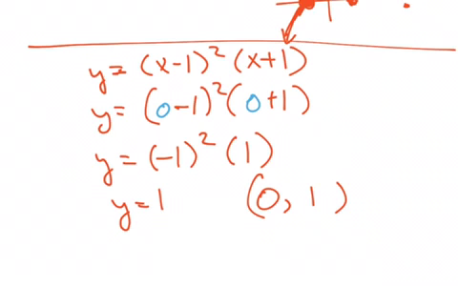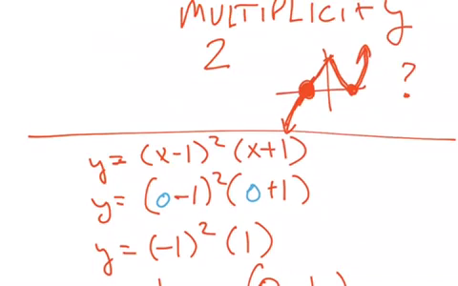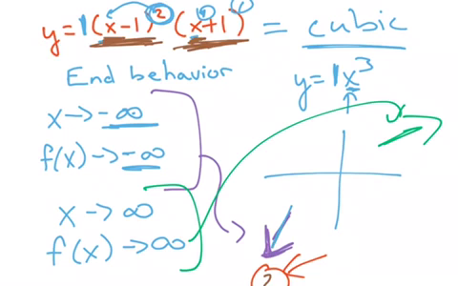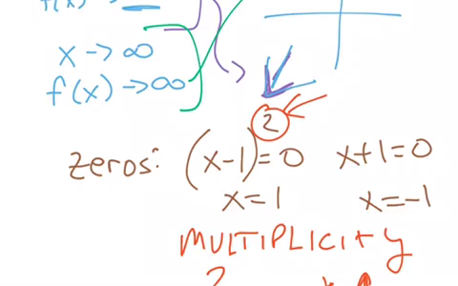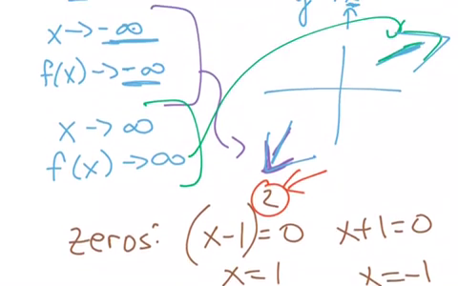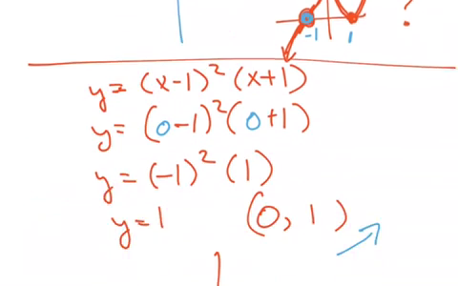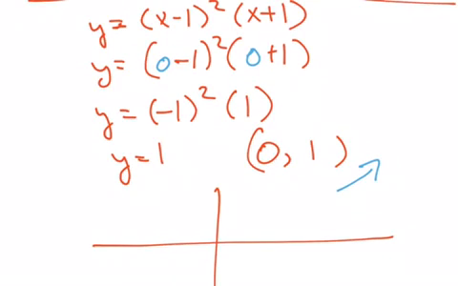Well, now let's put it together. My end behavior tells me that it starts off on the negative side, and on the right it goes up. We know our zeros occur at negative 1 and 1, and the y-intercept is (0, 1), so let's say that's right there.